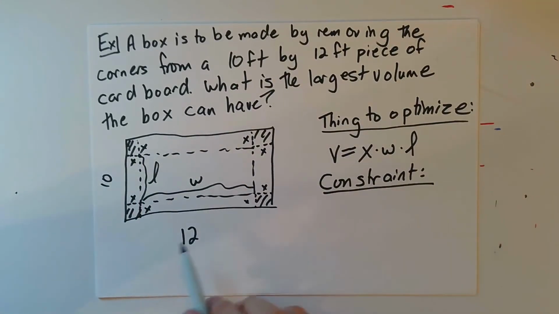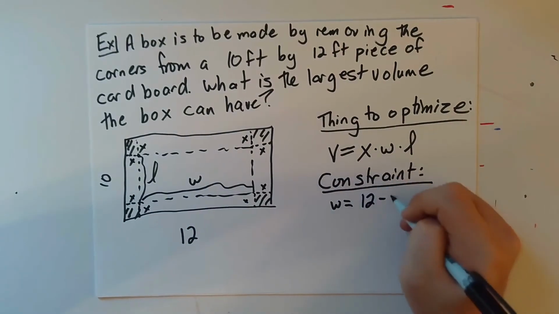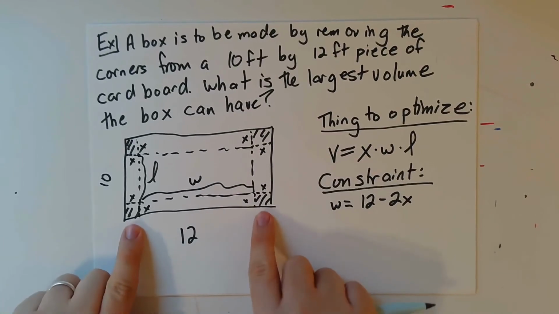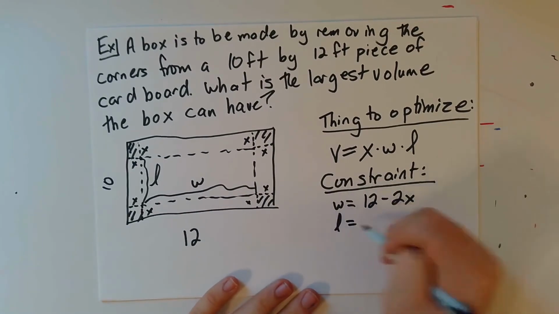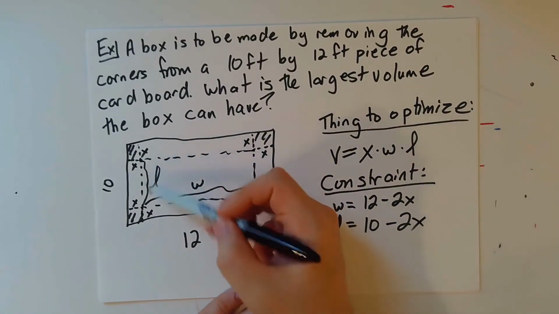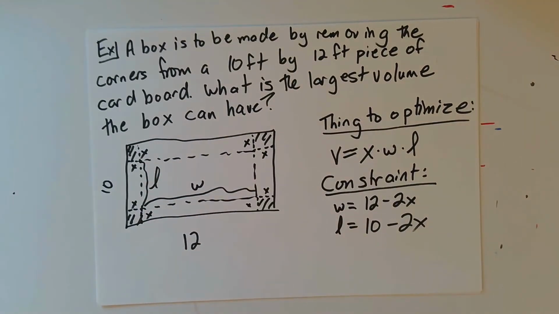So actually, I know what w is in terms of x. Namely, w is 12 minus 2x, because I got my width by starting with 12 and hacking off these two x by x squares. Similarly, L is 10 minus 2x, again, because I got it by starting with a side of length 10 and then hacking off two x by x squares.